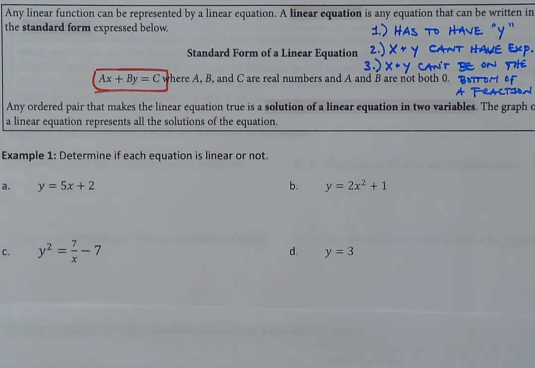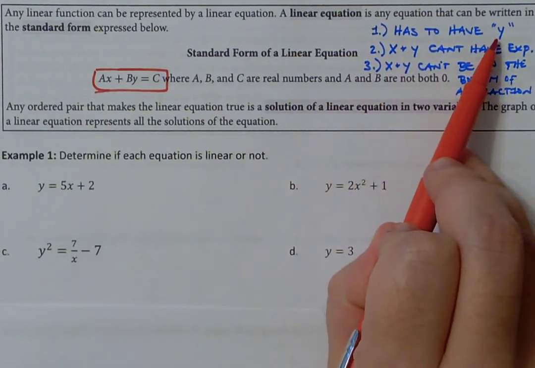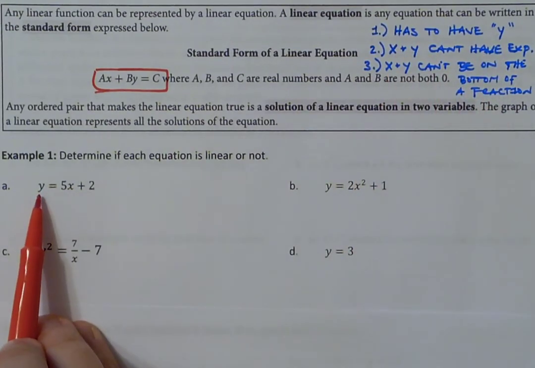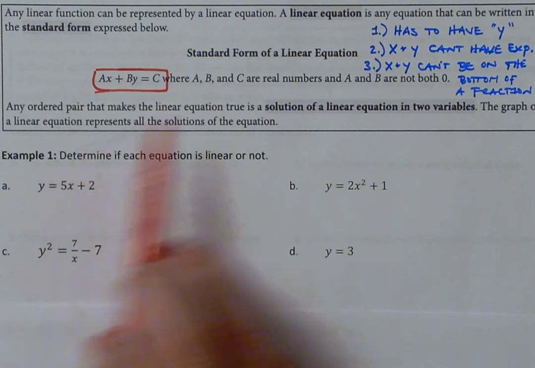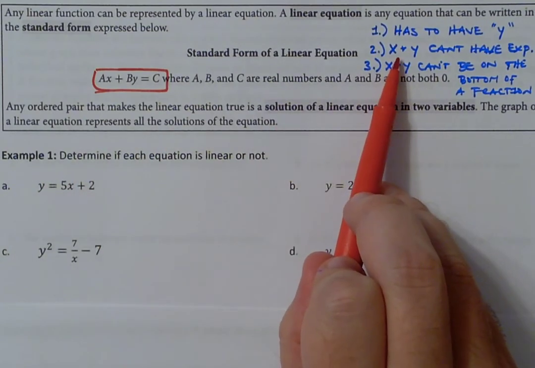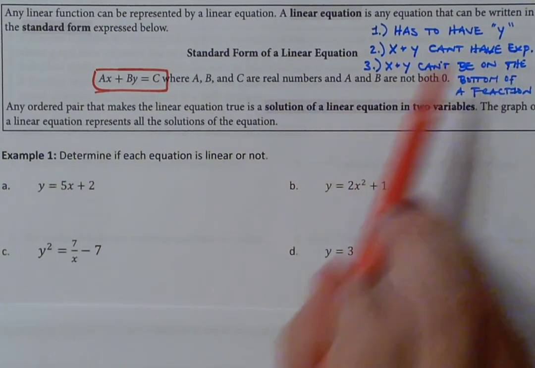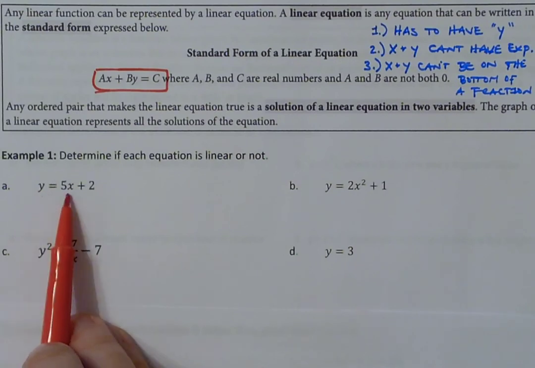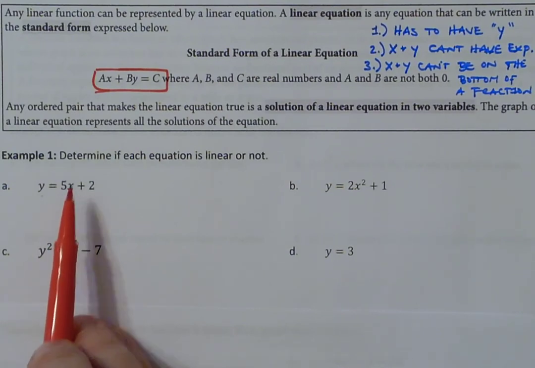So let's run through my series of questions. First one, does it have a y? It does have a y, so we're good there. If x and y are involved, it cannot have an exponent on it. If we look at y and x, is there an exponent on x or y? There is not, so we have passed the second part.